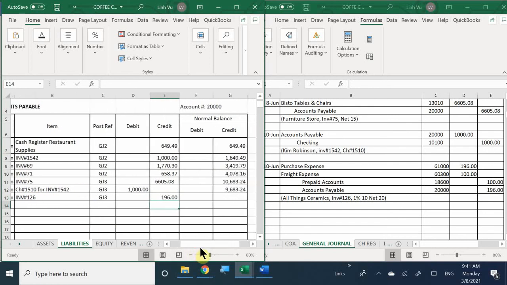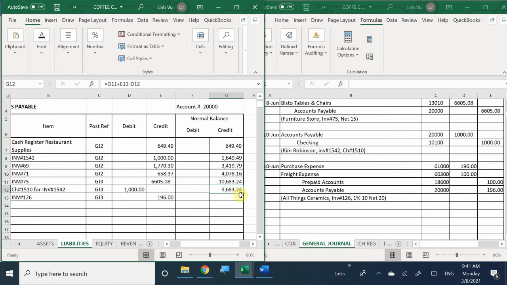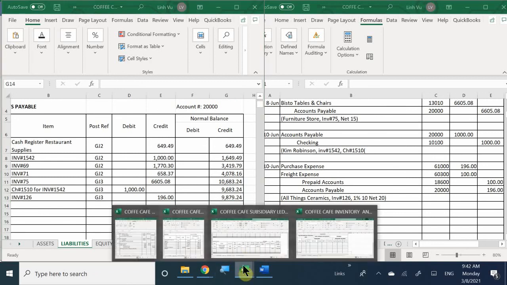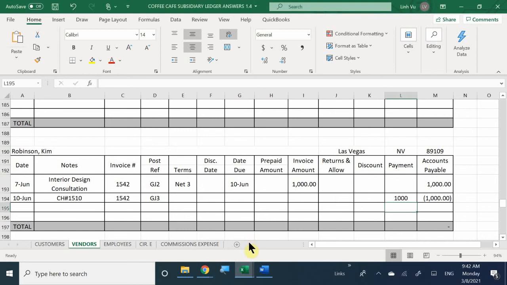So that should make my balance increase to $9,879.24.